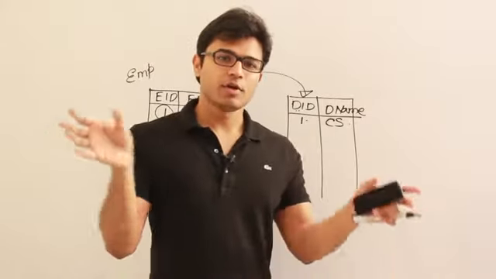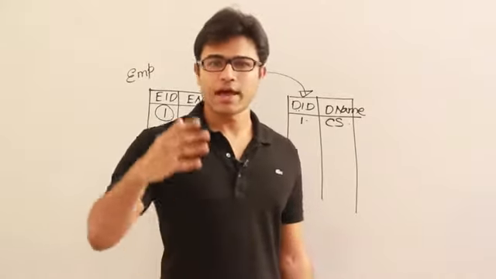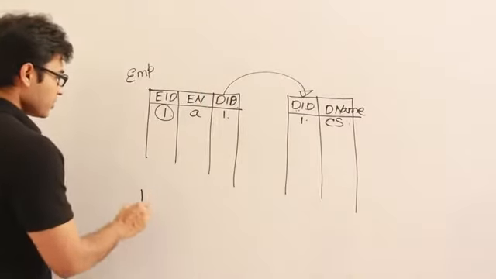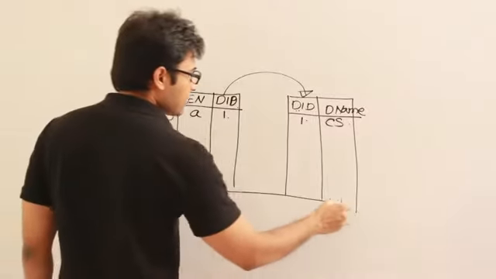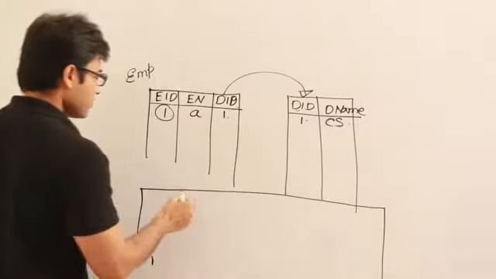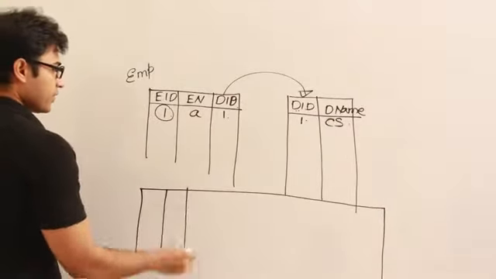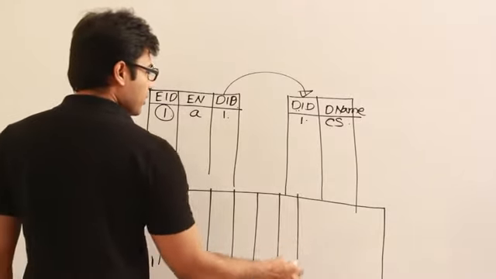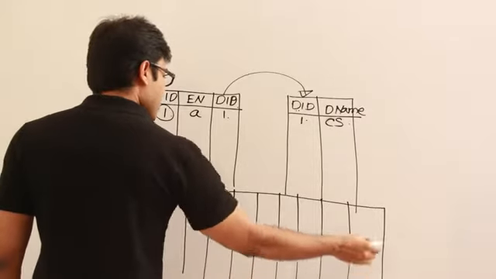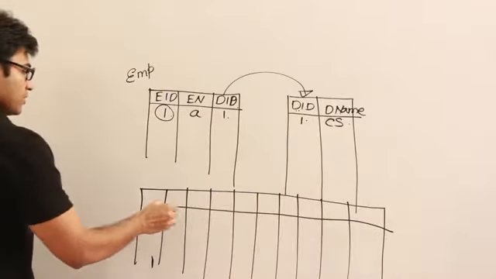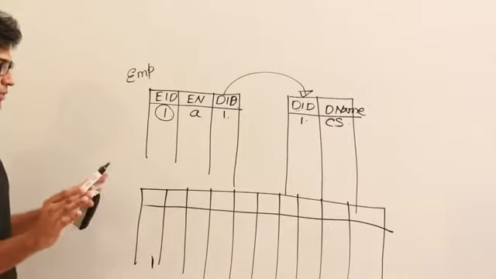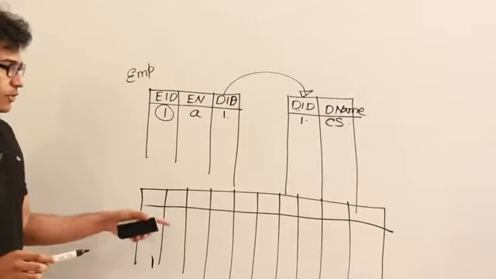Let's call it a universal table, which means I put everything I have in my database in just one big table, whether it is employee or department. I'll have many columns, all the attributes will be kept in these columns, and everything is kept in one big table. Let me call it the universal table.